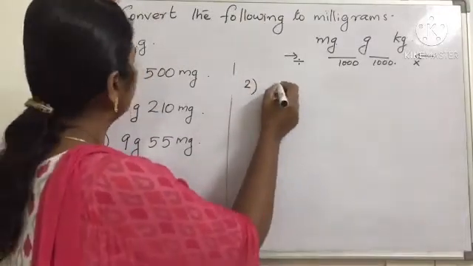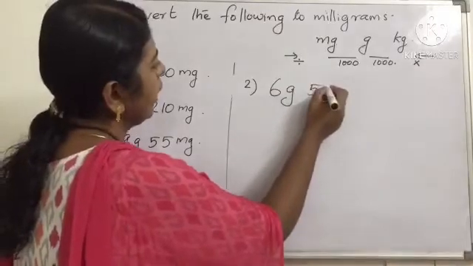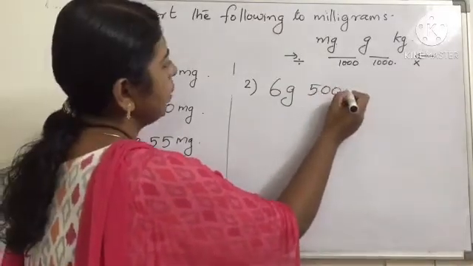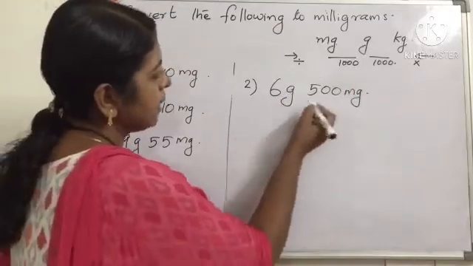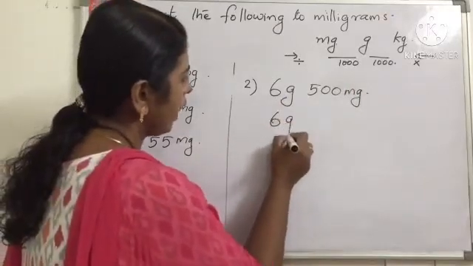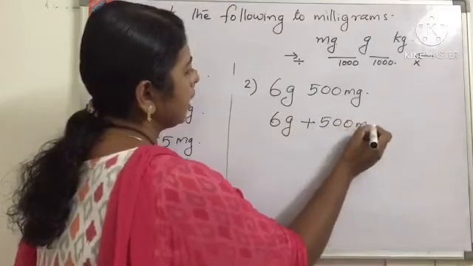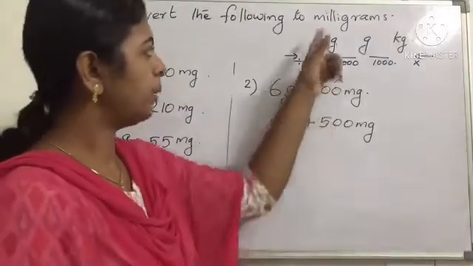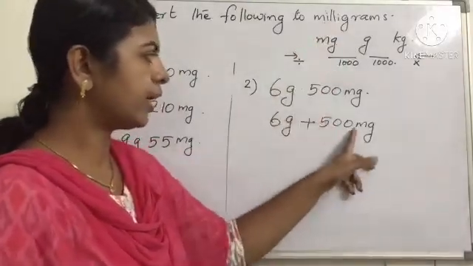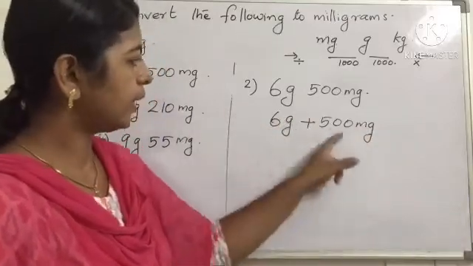Second question, 6 gram 500 milligram. Okay, then we can split into 2: 6 gram plus 500 milligram. Here we want to convert these into milligram. Here 500 is given in milligram.